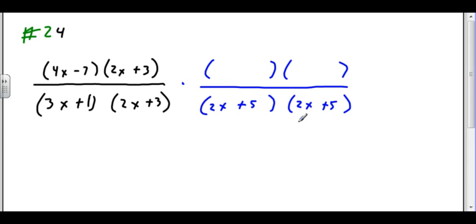Okay, so now I need to get the guy on the bottom. 12 and 5. Okay, so I can factor out an x. 4 and 3.